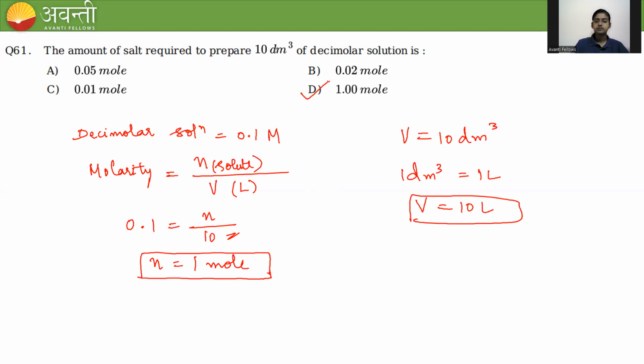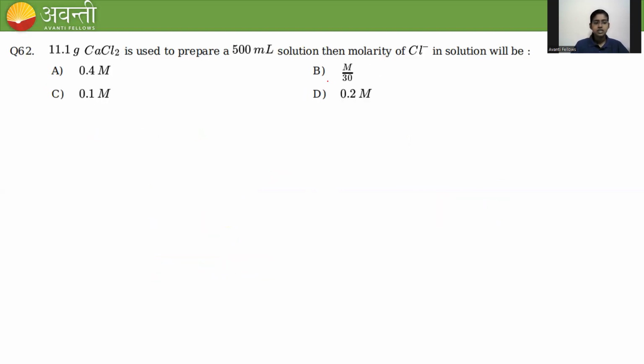Okay. Then coming to question number 62. 11.1 gram calcium chloride is used to prepare a 500 ml solution. Then the molarity of Cl minus in solution will be? So mass is given, volume is given.